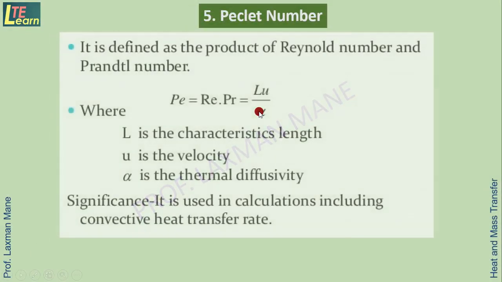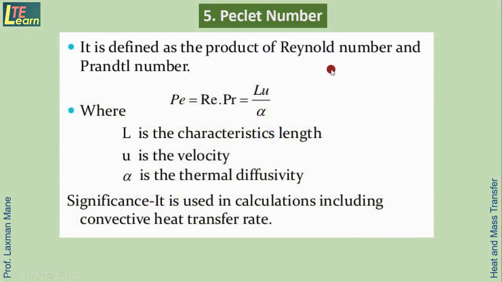Peclet number, it is defined as the product of Reynolds number and Prandtl number, or it is a ratio of L into U by alpha, where L is characteristic length, U is fluid velocity, and alpha is the thermal diffusivity. Peclet number is used in calculations of convective heat transfer.